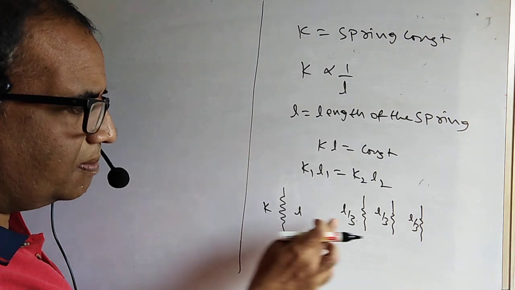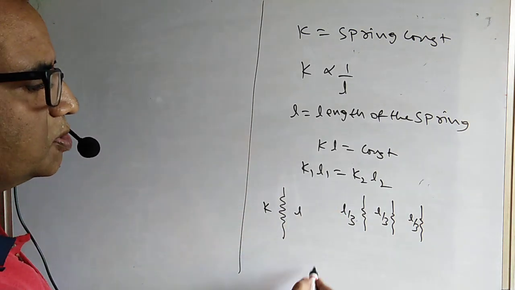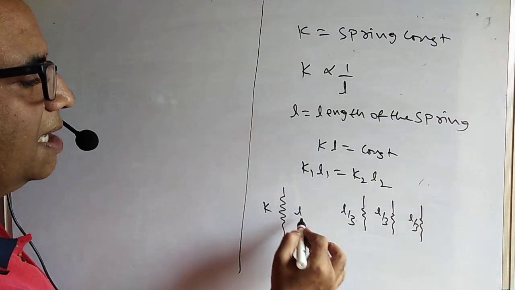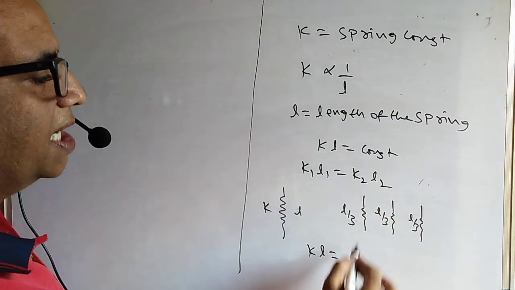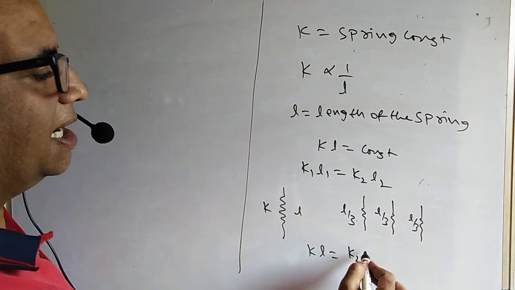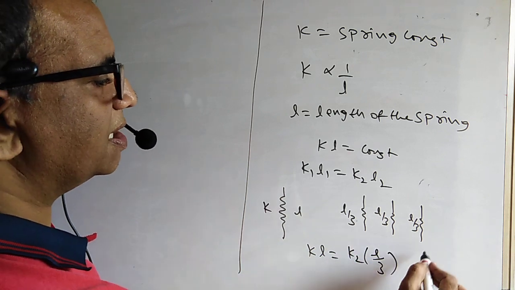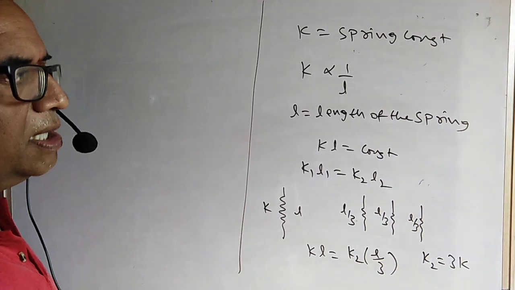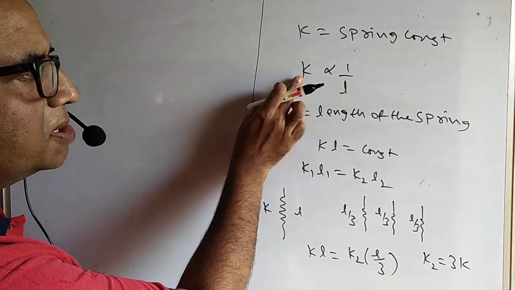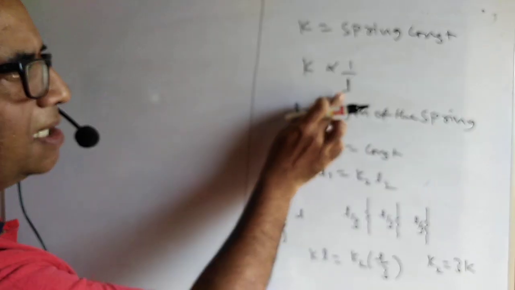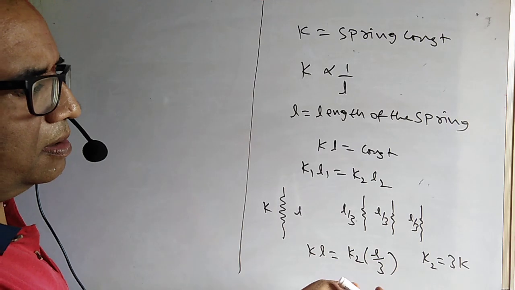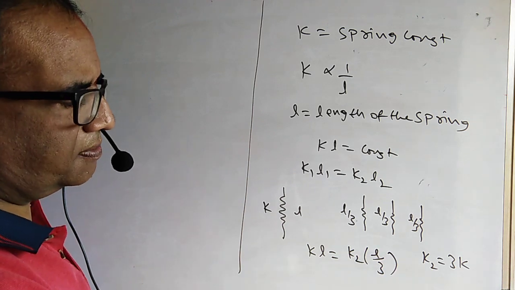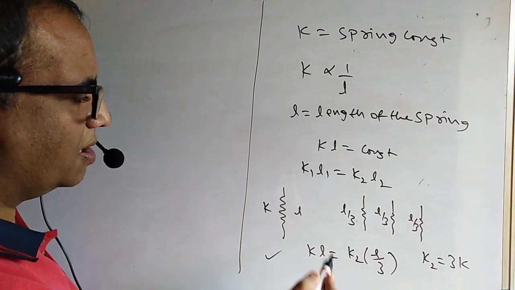They are not the same as K. So let us substitute: K1 L1 equals K2 L2, where K1 is K, L1 is L, K2 is what we have to find, and L2 is L/3. Therefore, the K2 value became 3K. So the spring constant depends upon the length of the spring. If the length of the spring is short, then the spring constant value increases. This is one important point.